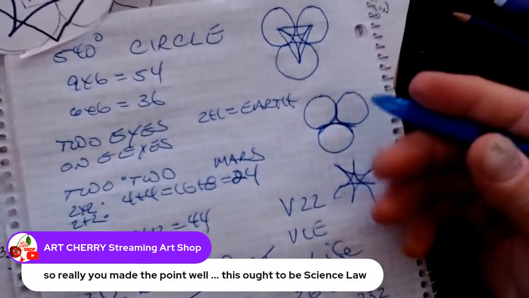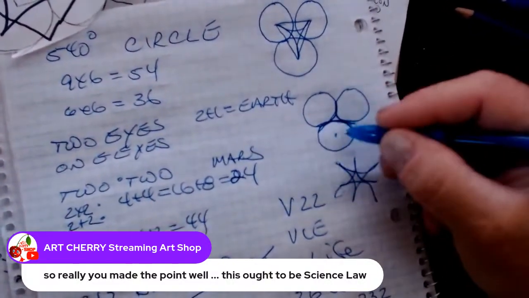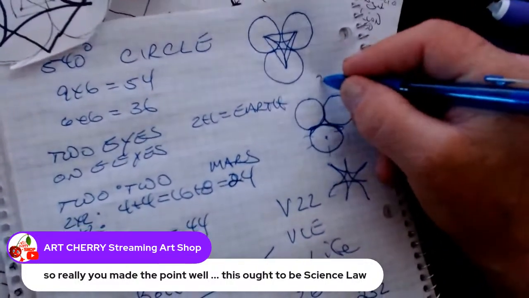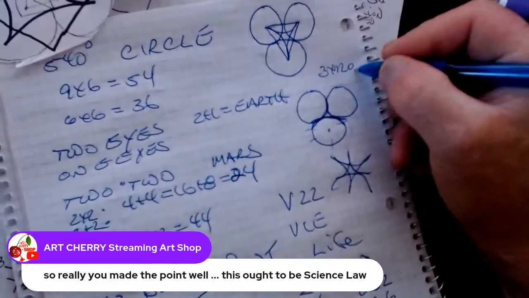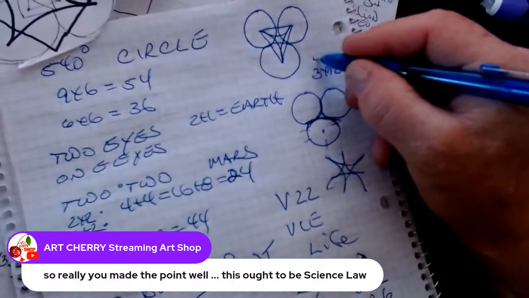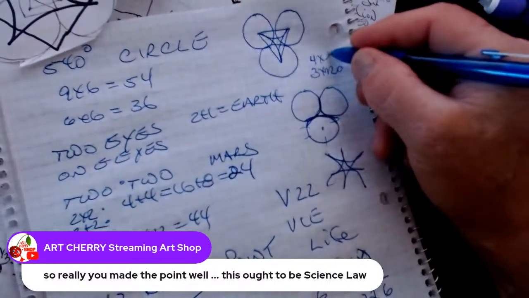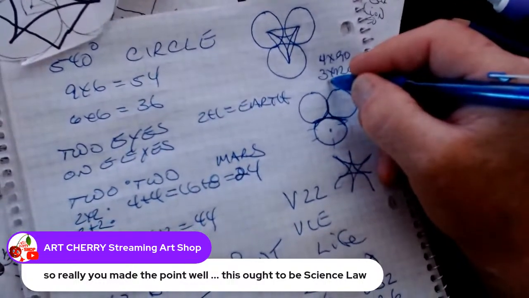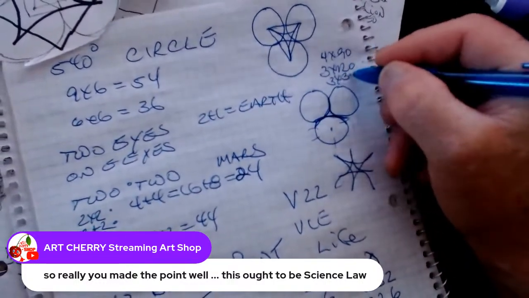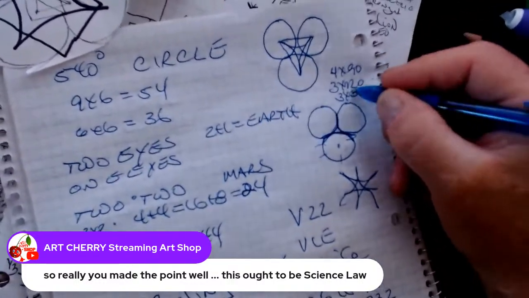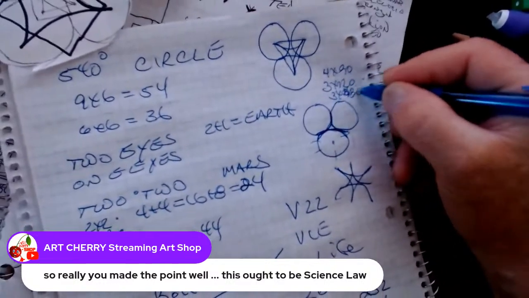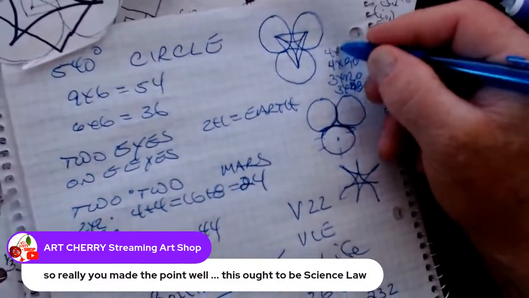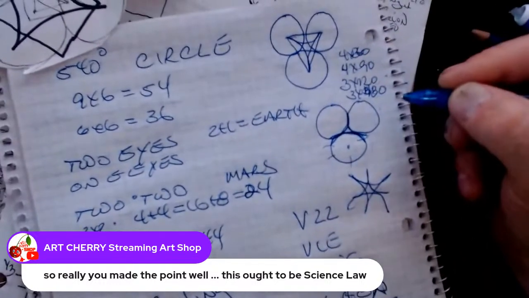Is that why, in order to create my full day, I need to cut it apart and have it at 3 times 120 for 360, or 4 times 90 for 360? The thing is, there's 3 times 480 minutes in a day, or there's 4 times 360 minutes in a day.